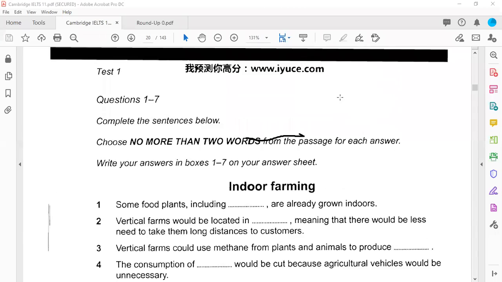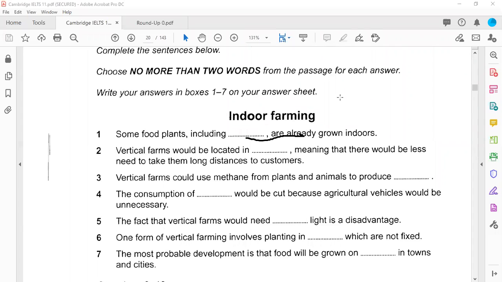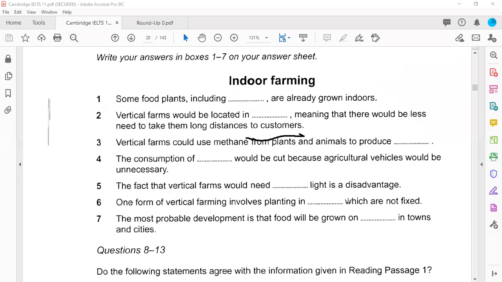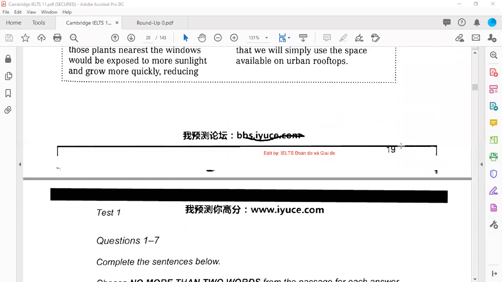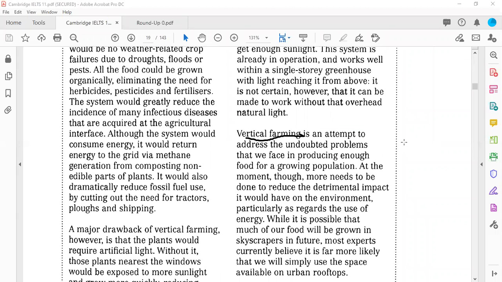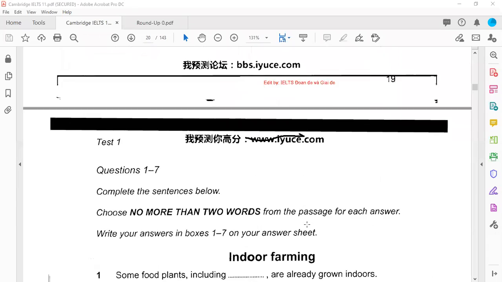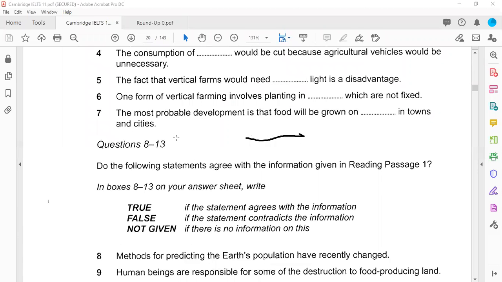I was looking at that, but it says on. It doesn't say grown in skyscrapers. Will be grown on what? Urban rooftops. Most experts consider it far more likely to use the space available on urban rooftops. The most probable development. Yes, most probable that it will be grown on rooftops.